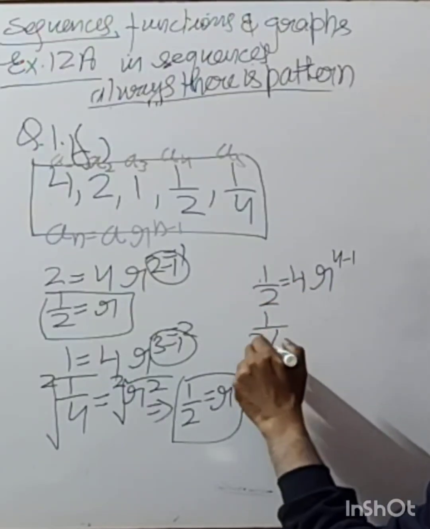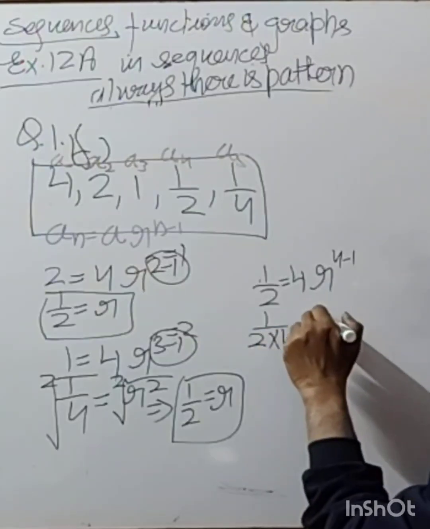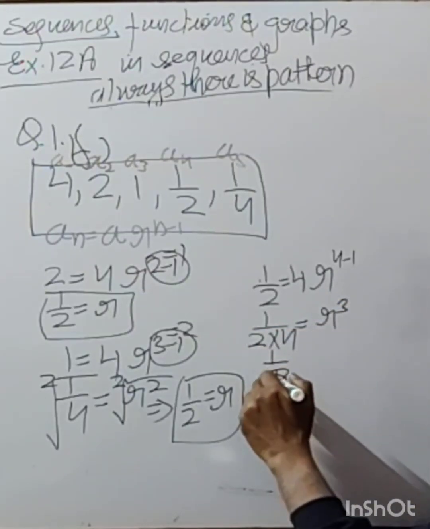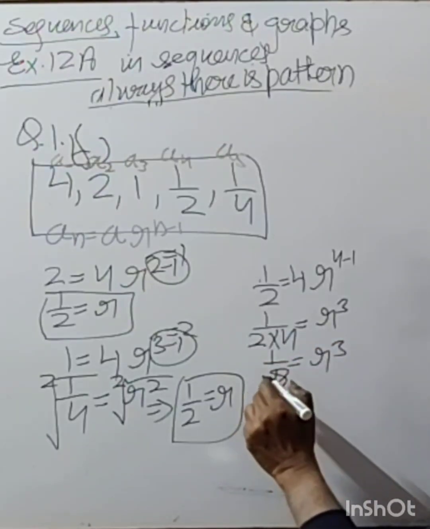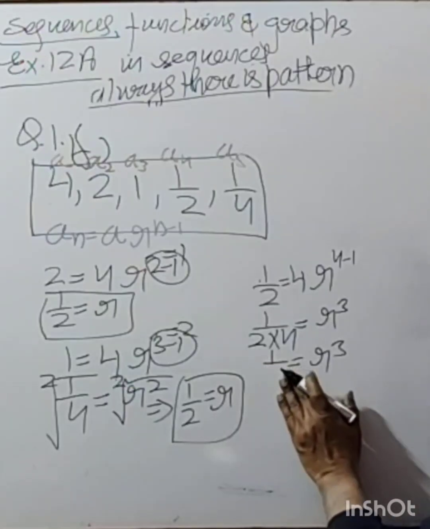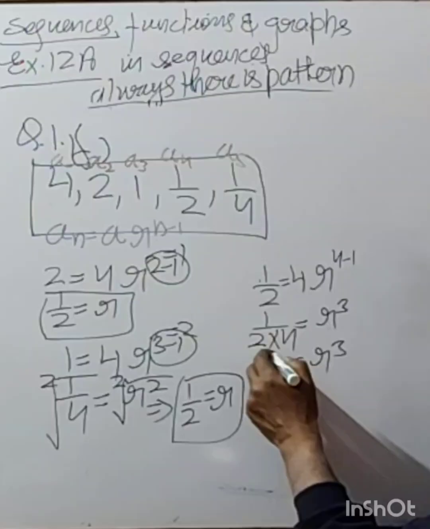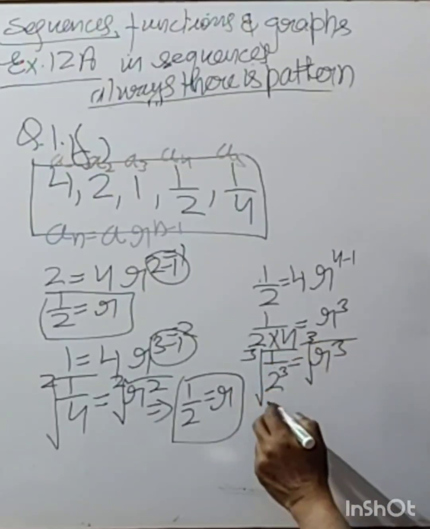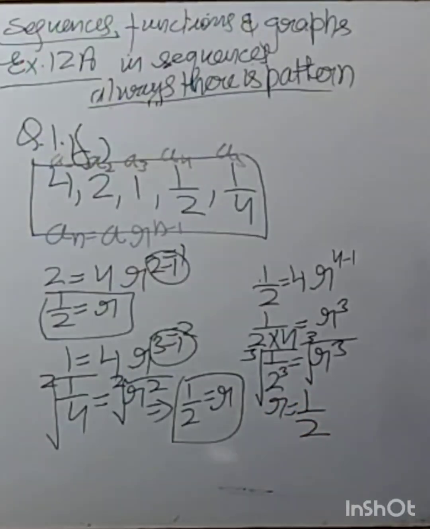So 2 into 4 is equal to r raised to the power 3. So 1 upon 8 is equal to r raised to the power 3. 8 can be written as 2 raised to the power 3. So taking cube root on both sides, we get r is equal to 1 by 2. Right?